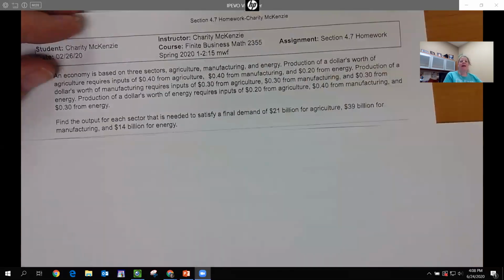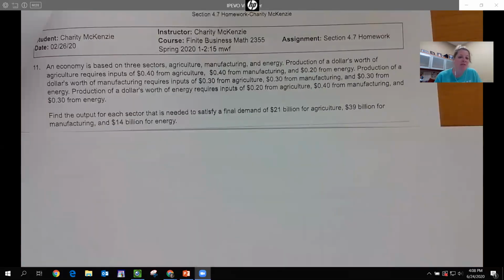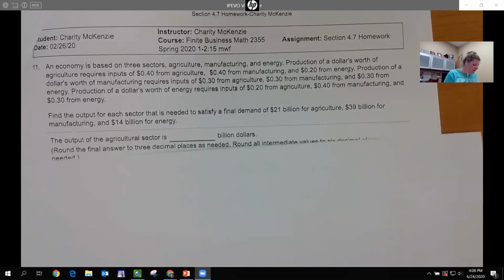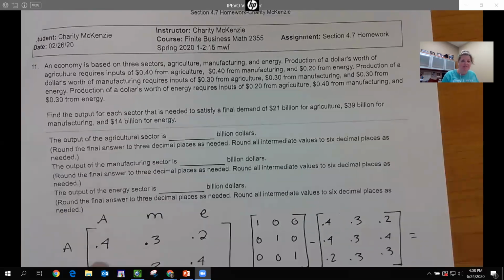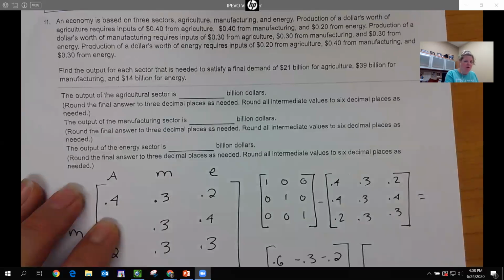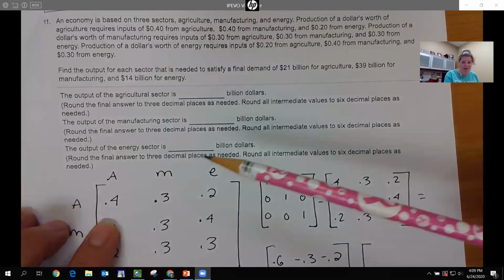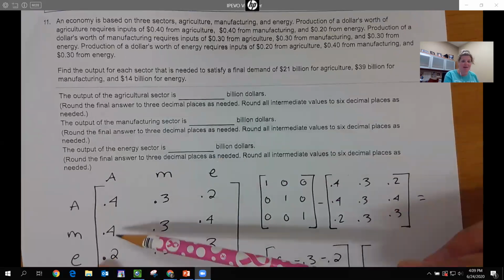Okay, so an economy is based on 3 sectors: agriculture, manufacturing, and whatever. A production of $1 worth of agriculture requires 40 cents from agriculture, okay? 40 cents from manufacturing, and 20 cents from energy.